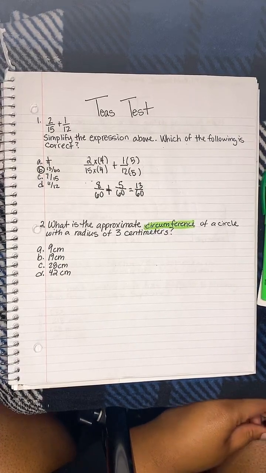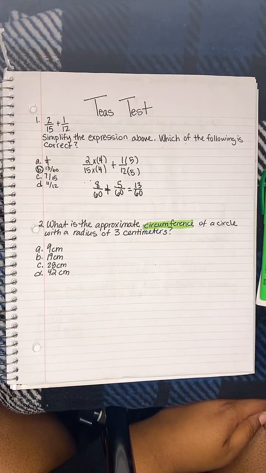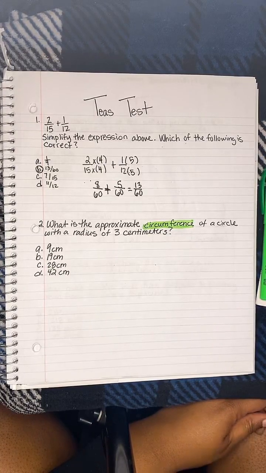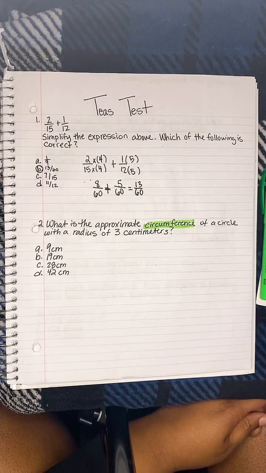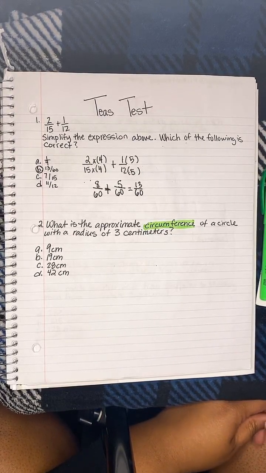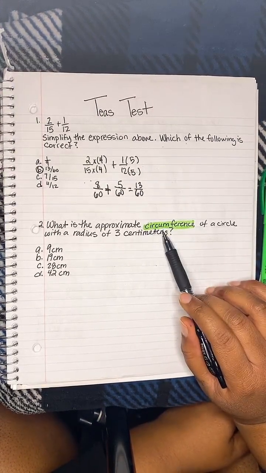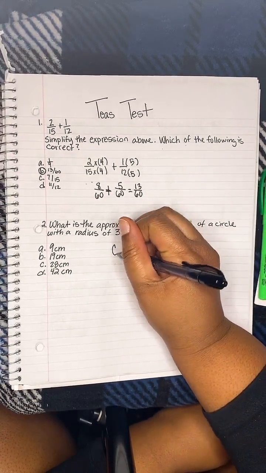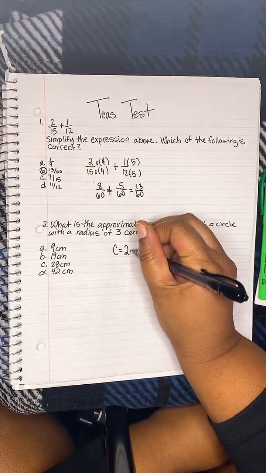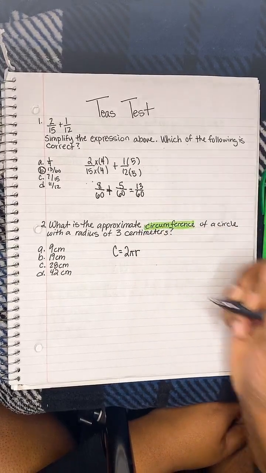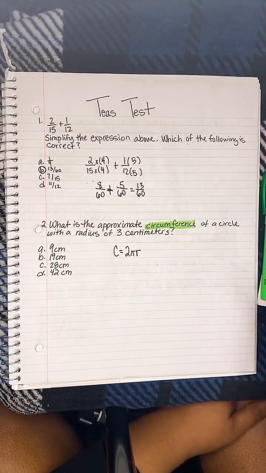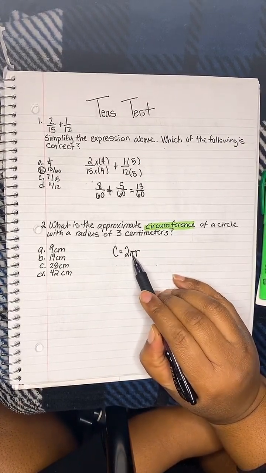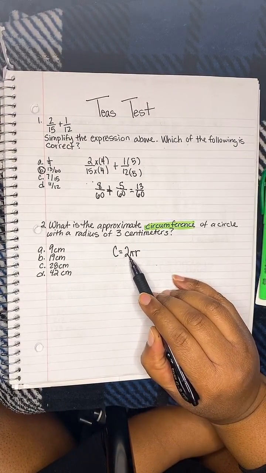Okay, so the circumference formula is C equals 2 pi r. Okay, 2 pi r. And then pi, you guys are telling me in the chat, is 3.14.